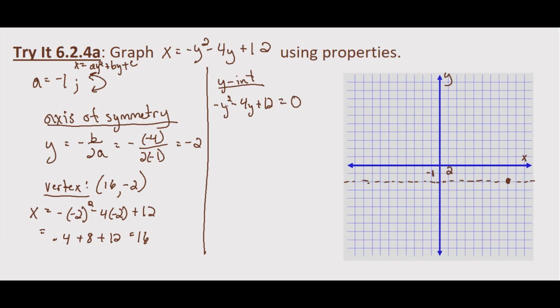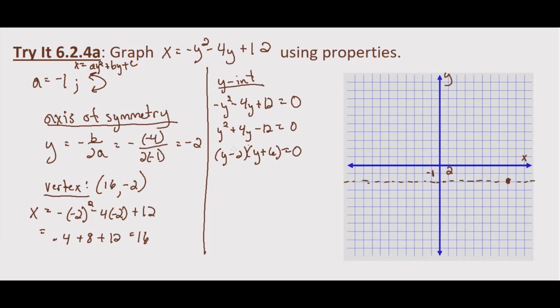Let's divide both sides by that -1 to get y squared plus 4y minus 12 equals 0. Now we want to try to factor. Are there any two numbers that will multiply to -12, but that will add to 4? Well, how about 6 and -2? So y minus 2 times y plus 6 equals 0.